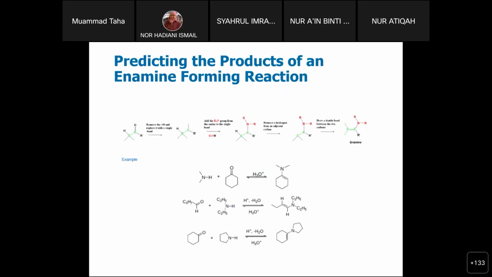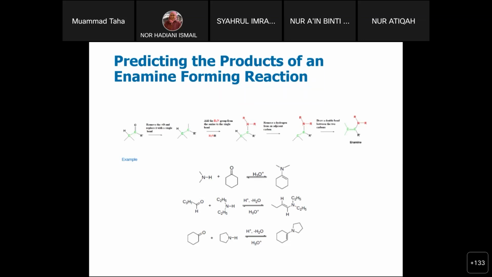If you are reacting with any ketone or aldehyde which does not have an alpha hydrogen, an enamine will not form. Understand my point or not? Because in the second step, the alpha hydrogen next to the carbonyl is involved. For example, if there is an OH and there is an OH in a molecule, then enamine cannot form because the alpha hydrogens are not available.